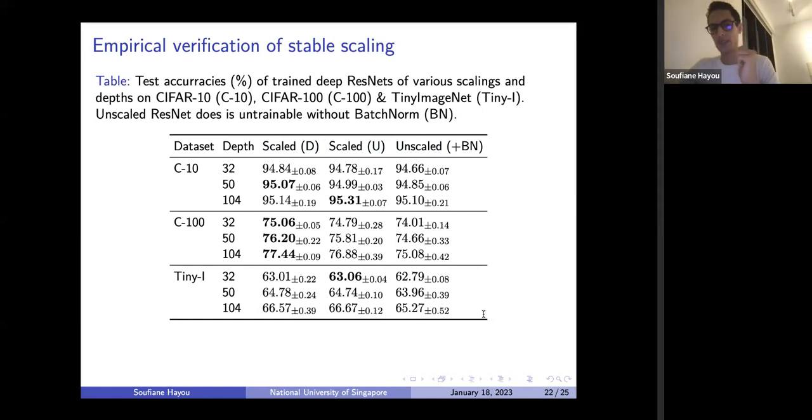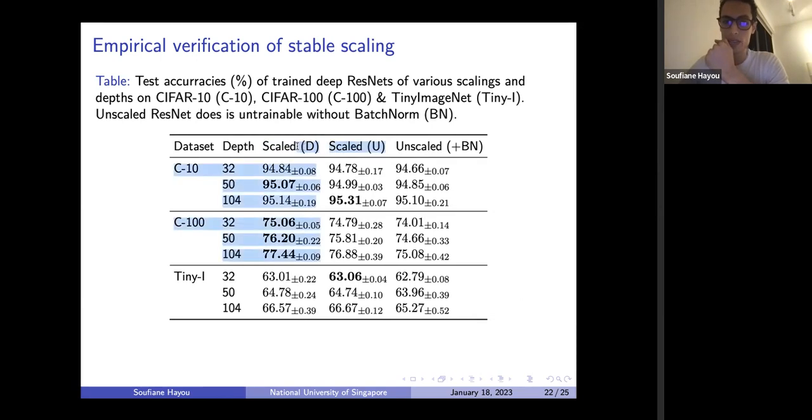So in order to solve that problem in practice, practitioners introduce normalization layers to solve that issue. One of them is batch norm, for example. But the important thing is that if you just use the scaled ResNet, either with the decreasing or the uniform scaling, you get generally very competitive, if not better, performance than using the standard ResNet with batch norm.